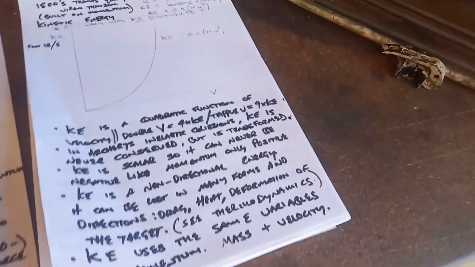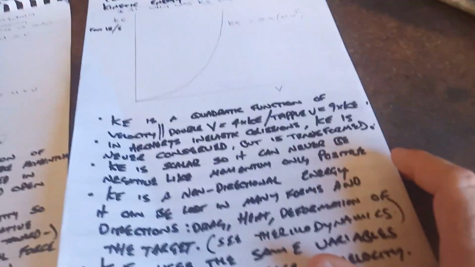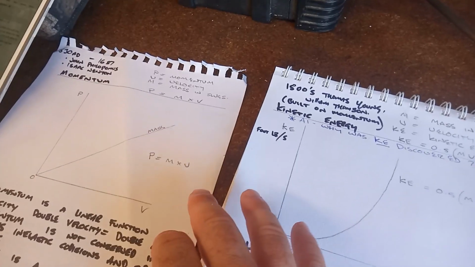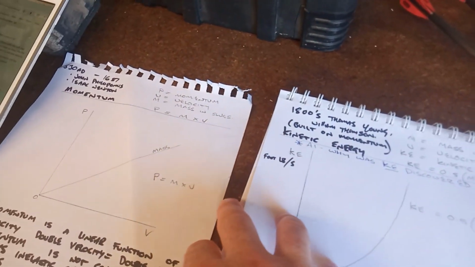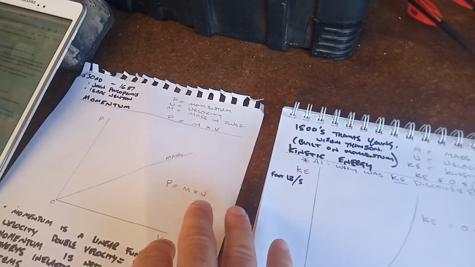All right, so I feel like we've gone over kinetic energy enough now to know that its origins lie in it being an updated measure to describe things in physics compared to momentum.